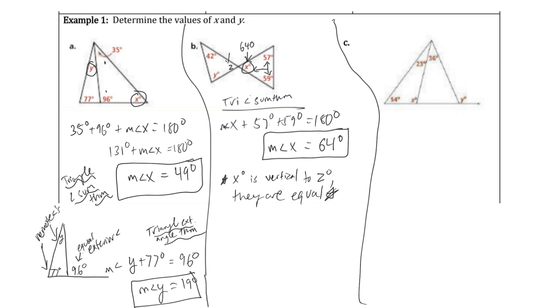So this z degrees needs to be 64 degrees as well, because z and x are congruent since they are vertical angles. Now we can use the triangle angle sum theorem again to solve for y.